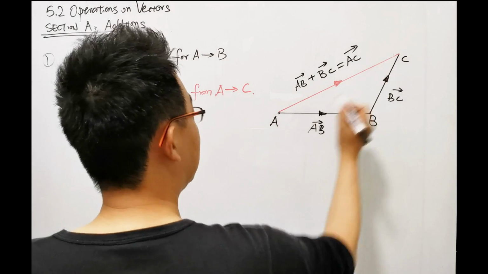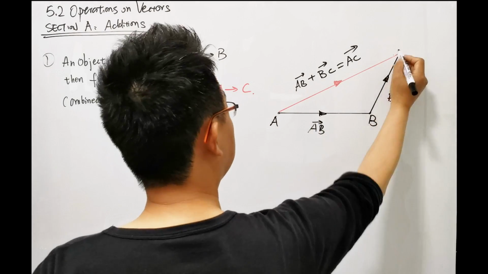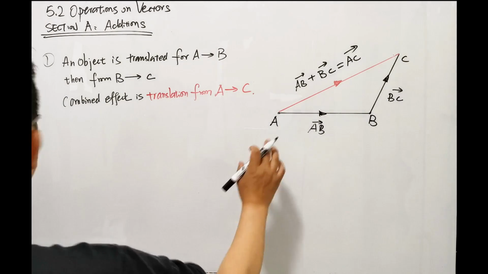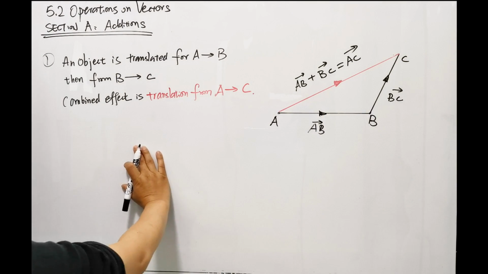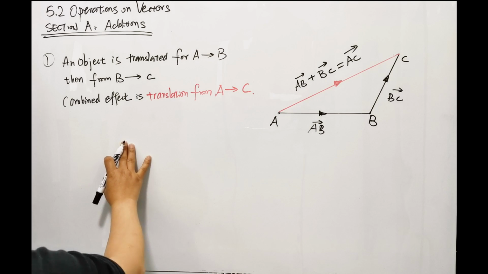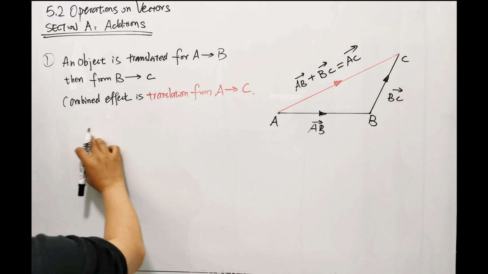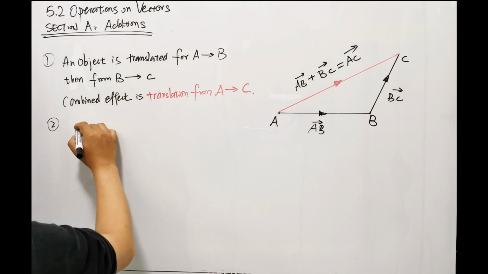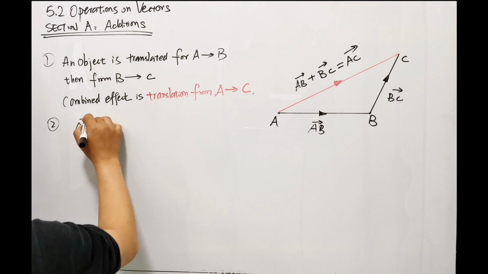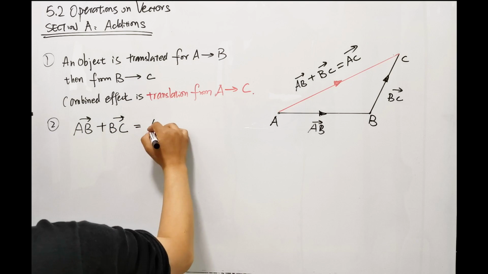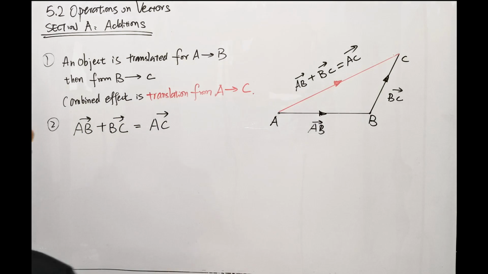Because we move to here and go to here. So that's something we're talking about. From here we can see this combined effect, AB plus BC equals AC.